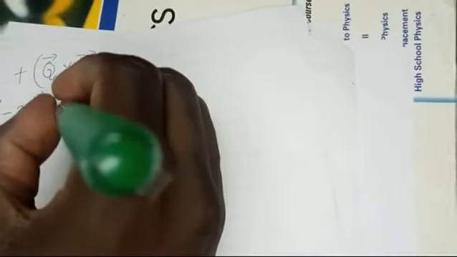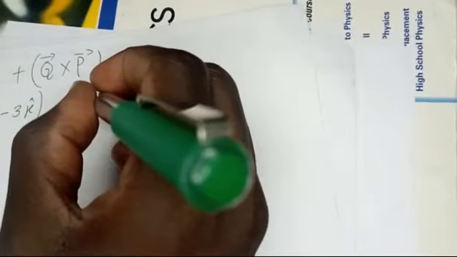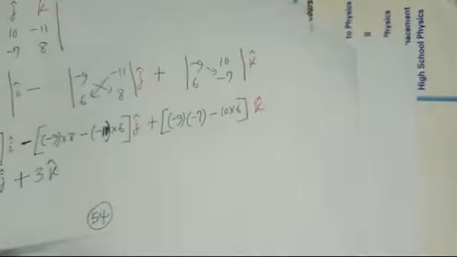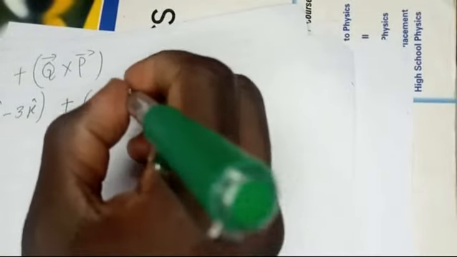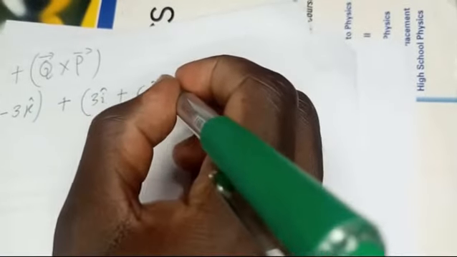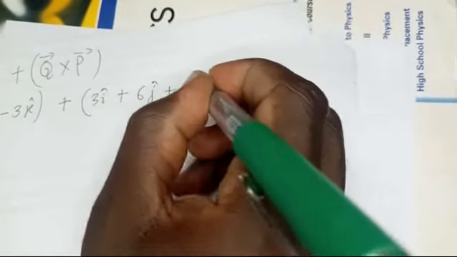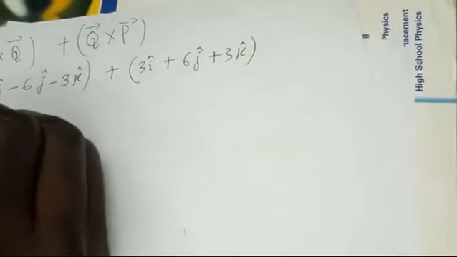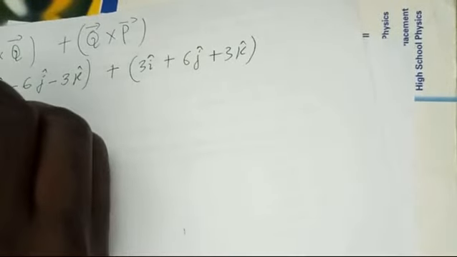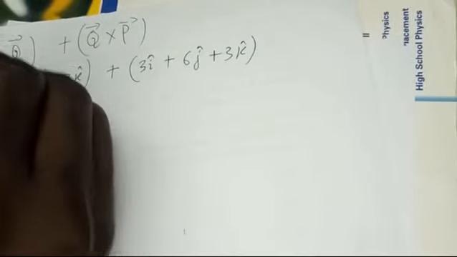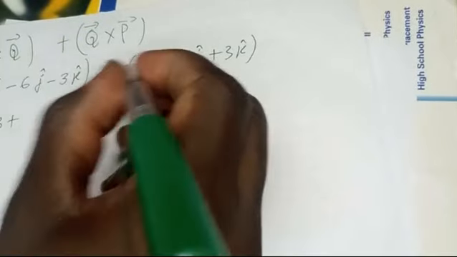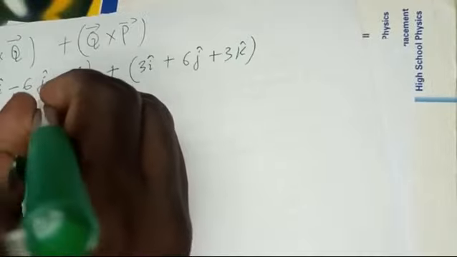This is plus open bracket. What we obtained now for Q cross P, look at what we obtain: 3I cap plus 6J cap plus 3K cap, and this will give us 0 because let's group them together. For I, take the coefficient. For I, you have minus 3 here and plus 3 here, and this is I cap.